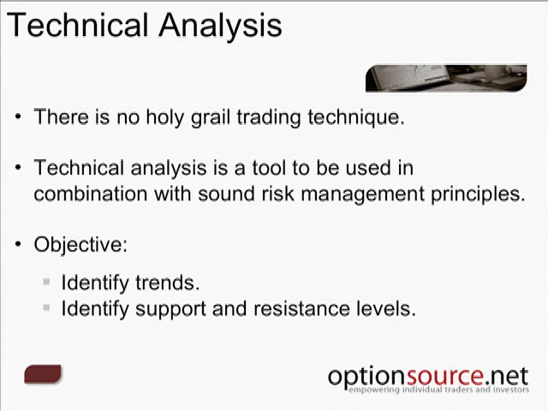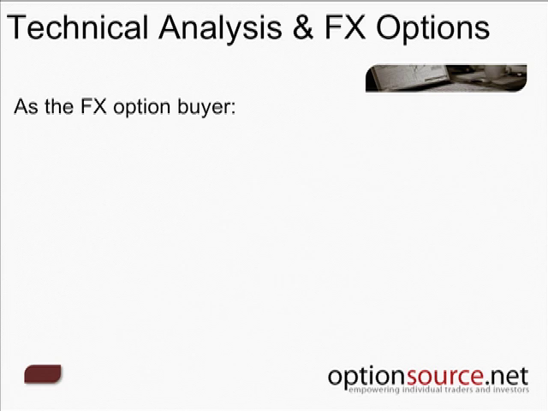This goes for looking for support and resistance, and as we move forward in today's session, I'm going to show you how we can use support and resistance for identifying targets and particular levels for FX options writing strategies. So these two simple concepts really provide the foundation for the decisions that we're going to make moving forward looking at these pair value charts.